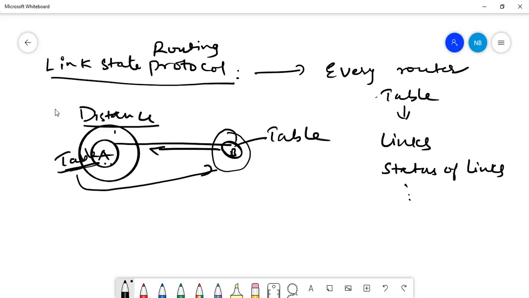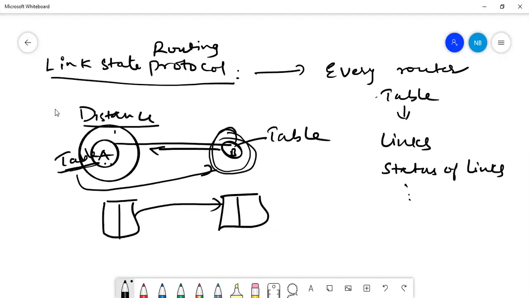A table is maintained by A and a table is maintained by B. If B is a neighbor of A, A will share its information. The whole table will be given to B to update its table regarding messages. This is about distance vector.